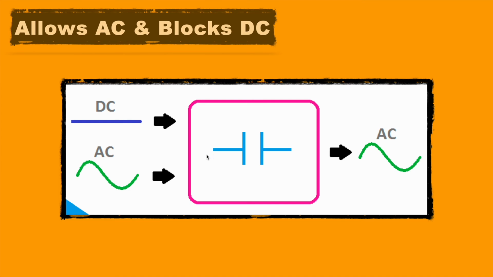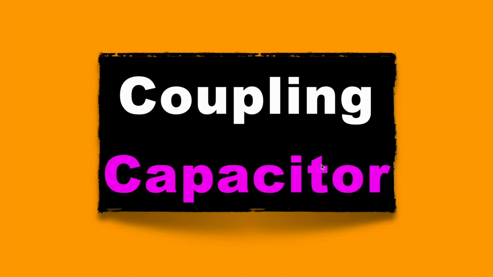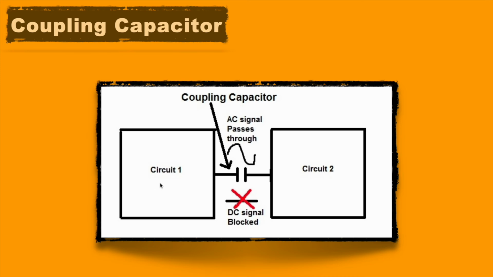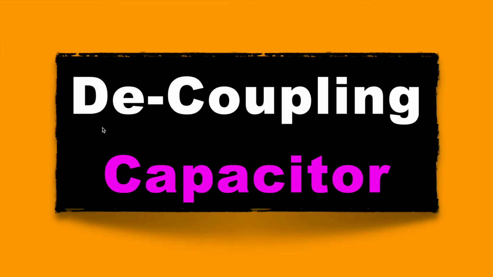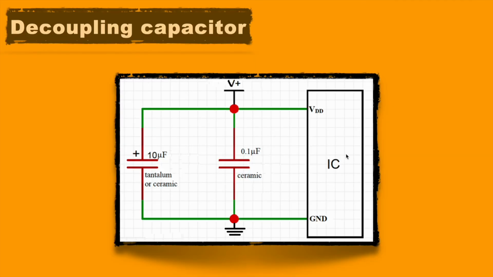With this behavior, the capacitor is used as a coupling capacitor and is able to couple two circuits. It will allow only the AC signal from circuit 1 to circuit 2, and it works to decouple noise from the circuit as well. Since an IC requires a stable input voltage, it requires a noise-free input.